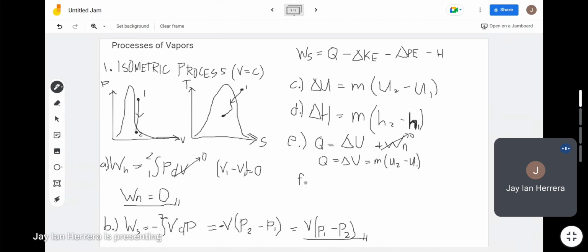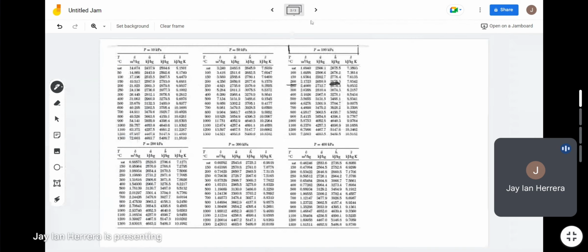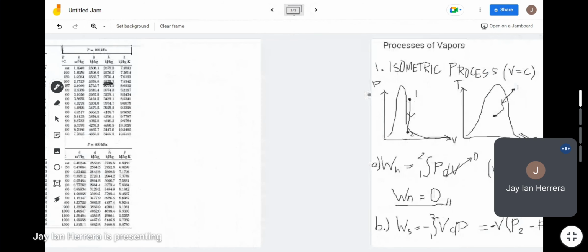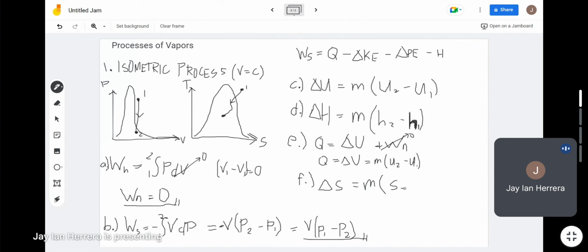Then lastly is our change in entropy. For change in entropy, the specific heat and the ln will drop out, so it's directly mass. Since we can get the entropy values from the tables instead of the ln of temperatures, the change in entropy is small s2 minus small s1, and this is capital S. Any questions for isometric process?